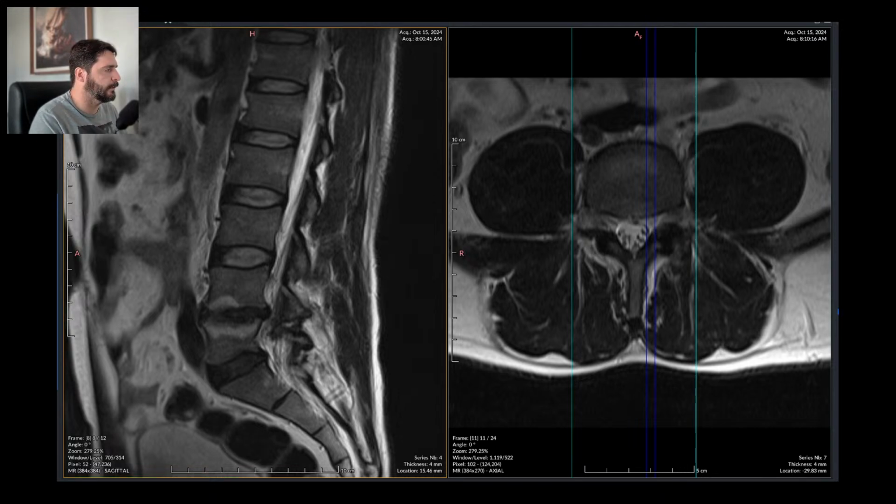Just summarize this so we can go on our way and move on to the next one. Extrusions, osteoarthrosis, spondylolysis, thickening of the ligaments, mild hypertrophy of the perivertebral muscles, and the stenosis, and also the small node.